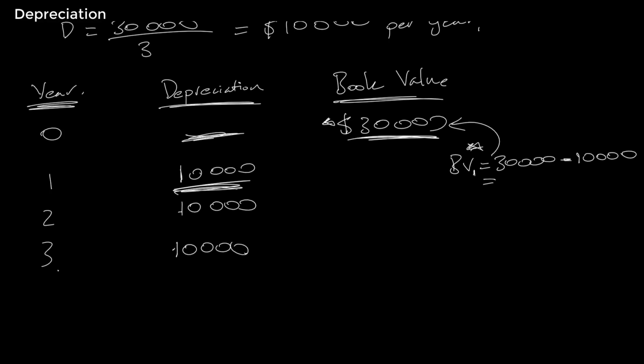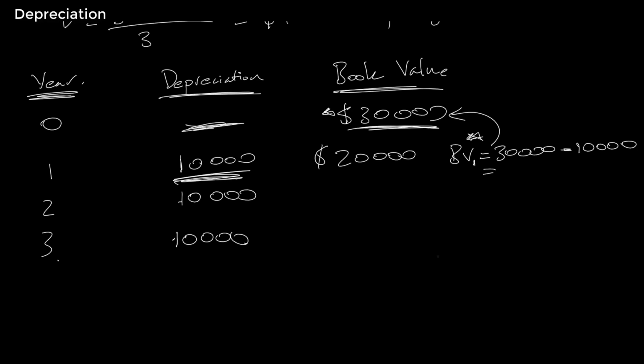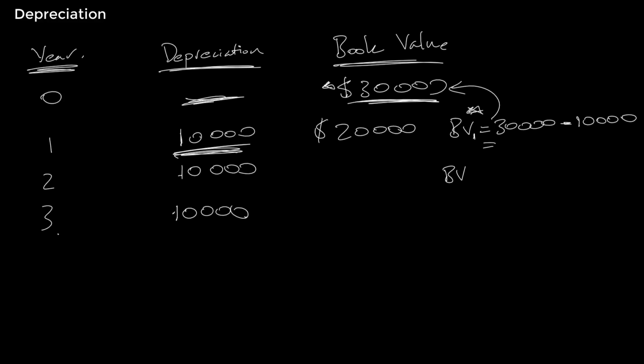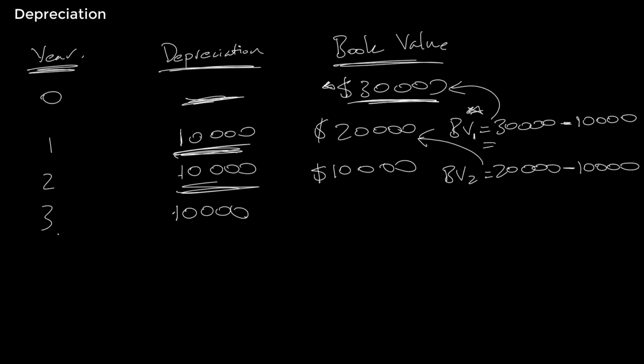That gives us a book value of $20,000 in year 1. Similarly, the book value in year 2 will be the previous year's book value, 20,000, minus the current year's depreciation, 10,000. And again, that gives us a book value of $10,000.